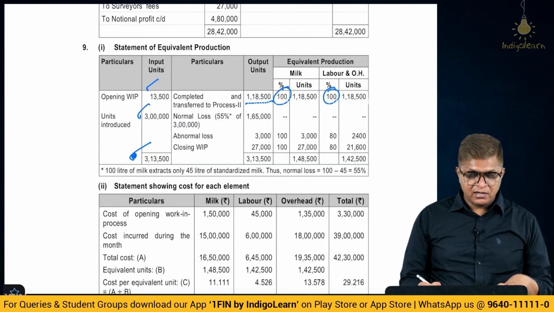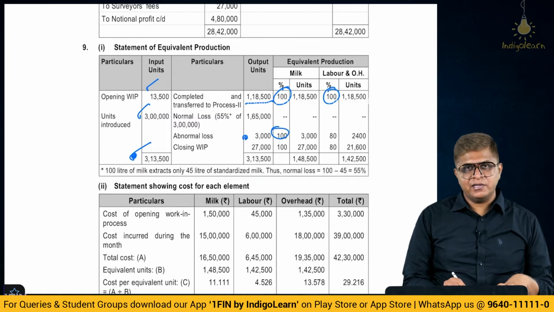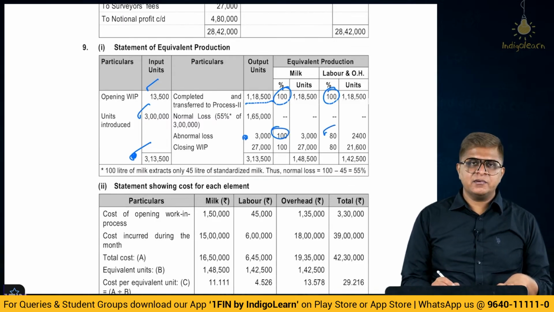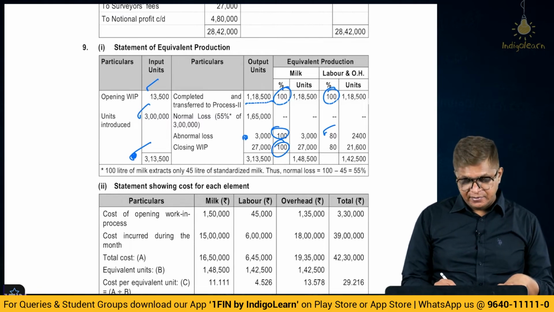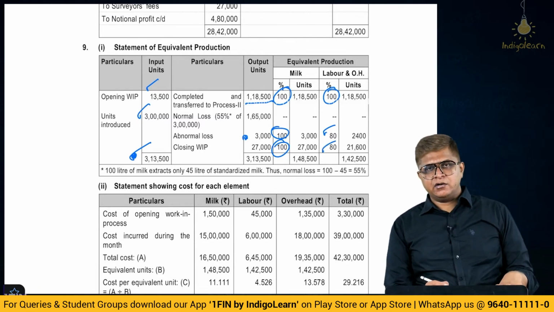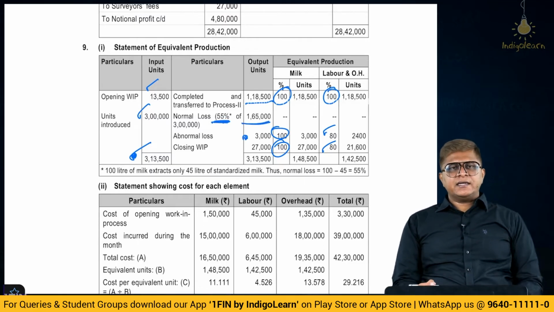The abnormal loss is 3,000 units, 100% in respect of milk, but 80% in terms of labor and overhead. Likewise, closing stock 100% in terms of milk and 80% in terms of labor and overhead, and the normal loss 55%, that is 1,65,000, we will take as dash.